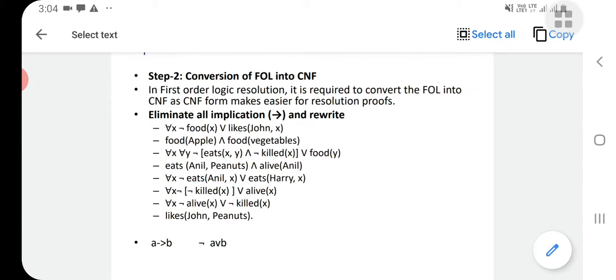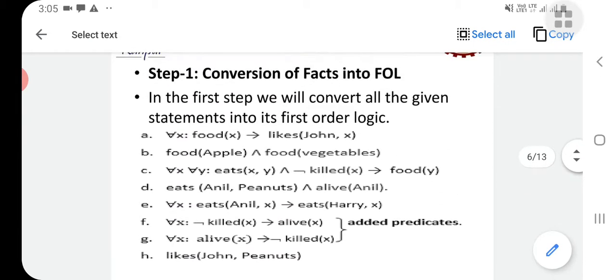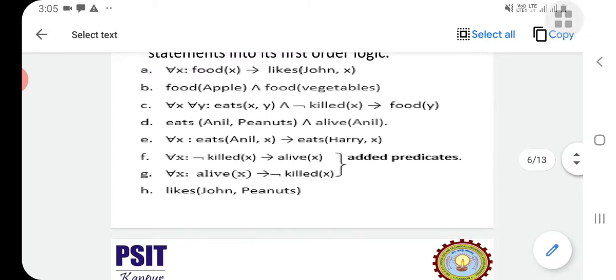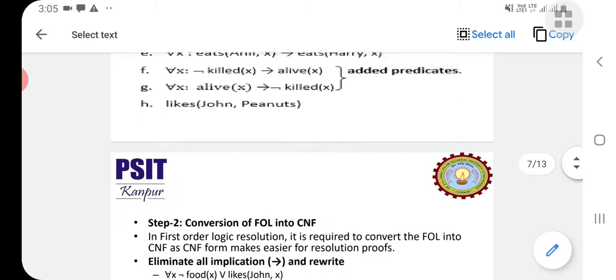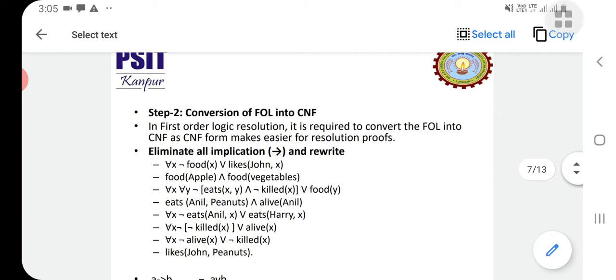This is the result of step number 1: after step 1 you have the solutions from A to E. Now you have to convert this FOL into CNF, so first you have to remove implies. In A, C and E we have the implies symbol to remove.